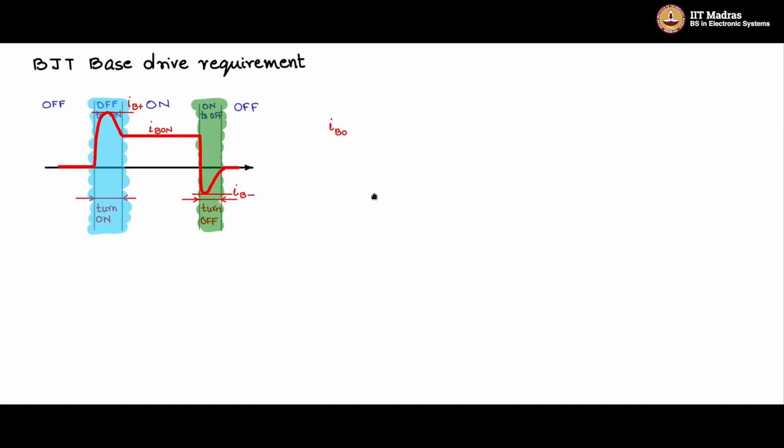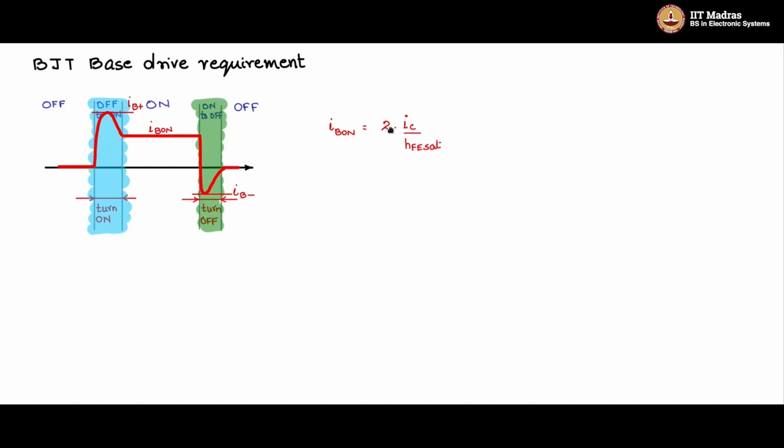So IB on is the normal on state of the BJT switch, which means you will be providing at least greater than IC by HFE SAT. Normally, for IB on we will give 2 times IC by HFE SAT.